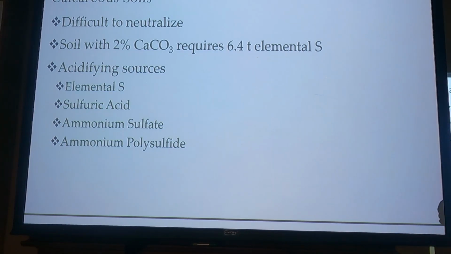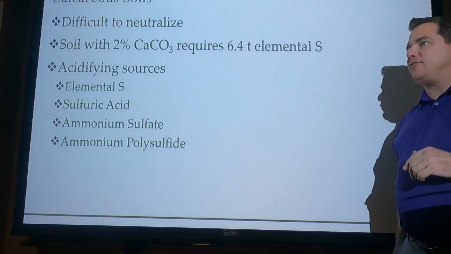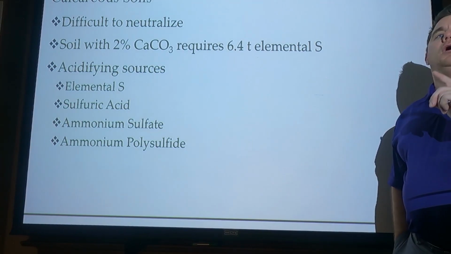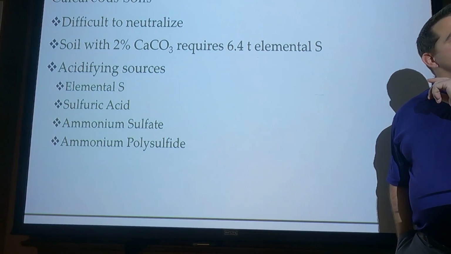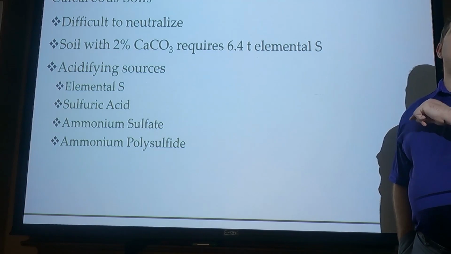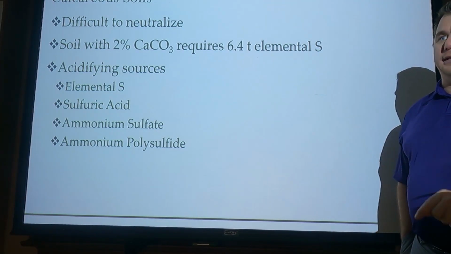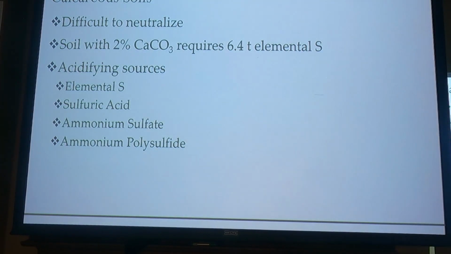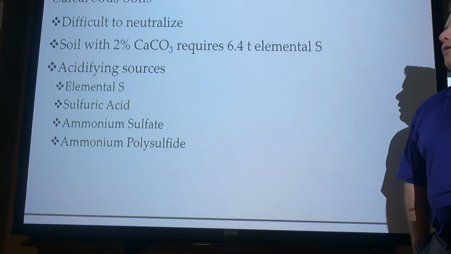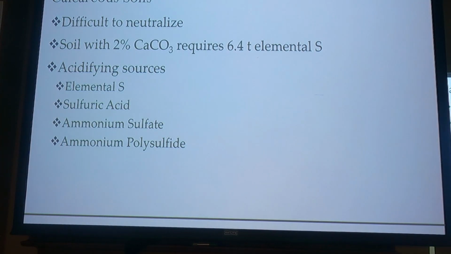It's probably easier to increase the alkalinity of the soil rather than it is to decrease the alkalinity. Because by the time we have all that calcium carbonate in there, it requires a large amount of some acidifying source to neutralize the calcium carbonate.